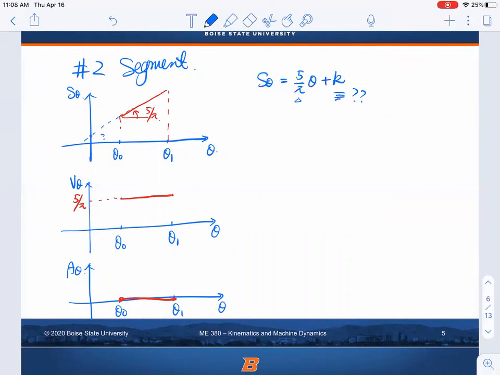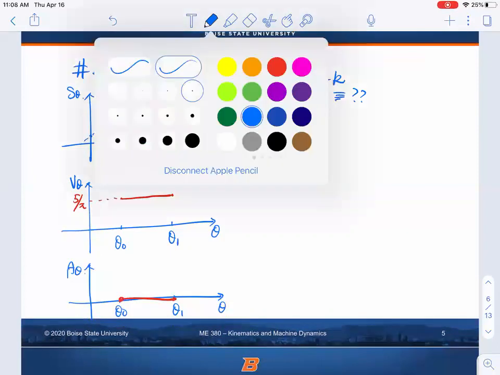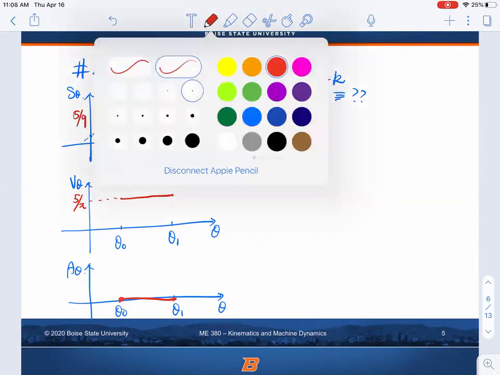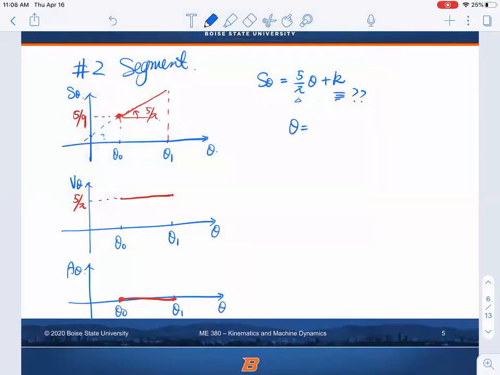So how can you find the k? As I mentioned before, from segment number 1, we already know these values, 5 over 9. So when theta equals theta naught, your S theta should be 5 over 9.